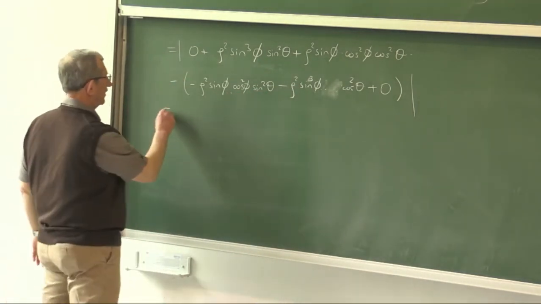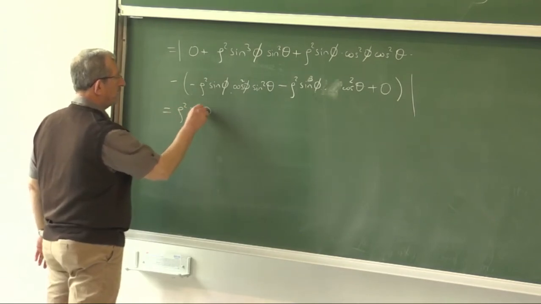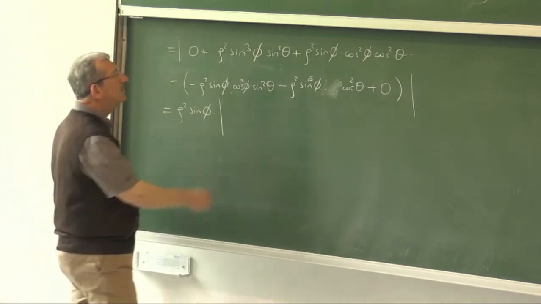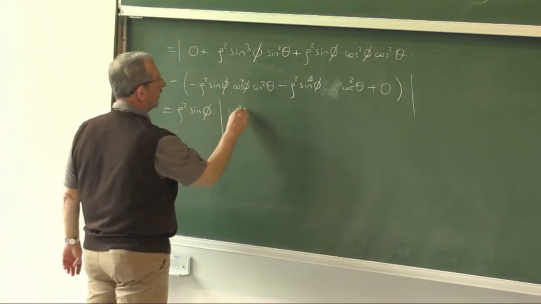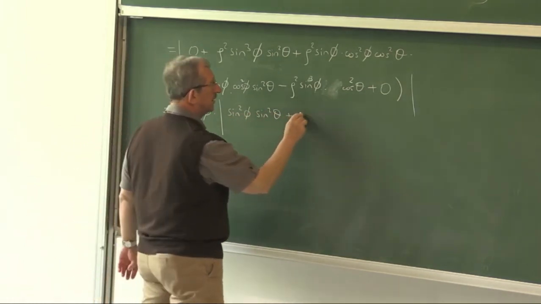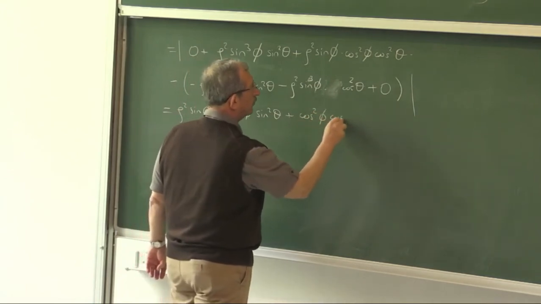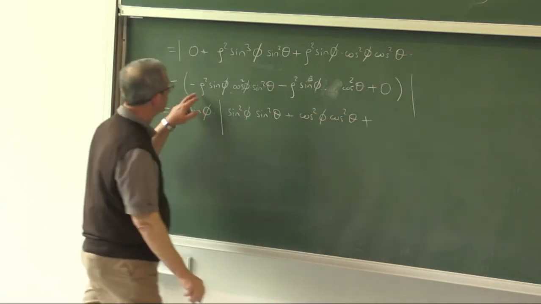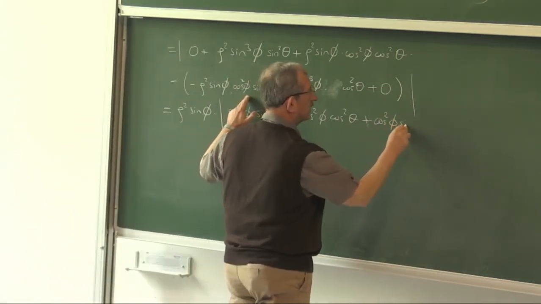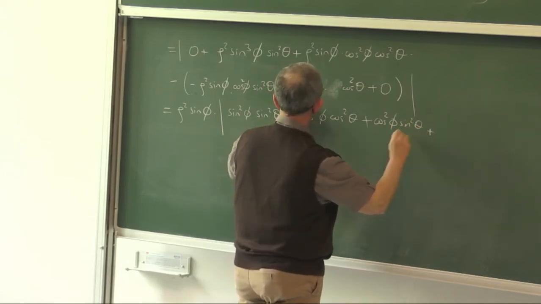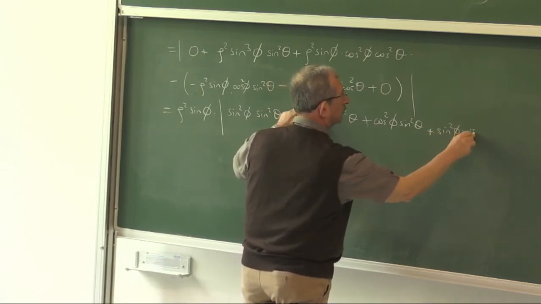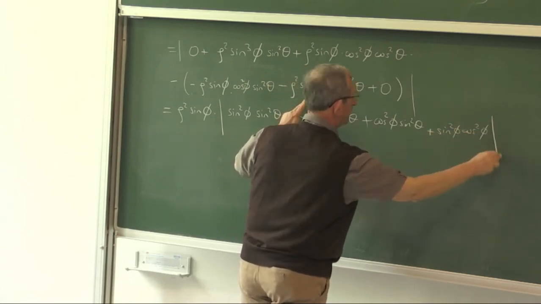Now, if we write rho squared sine phi times what remains inside, we have sine squared phi sine squared theta, plus cosine squared phi cosine squared theta, plus cosine squared phi sine squared theta, and again plus sine squared phi cosine squared theta.